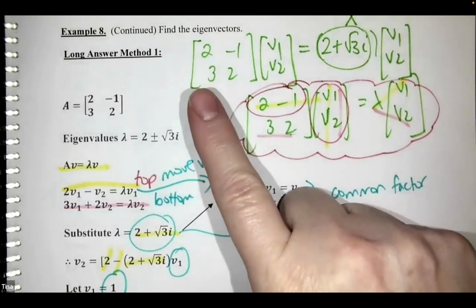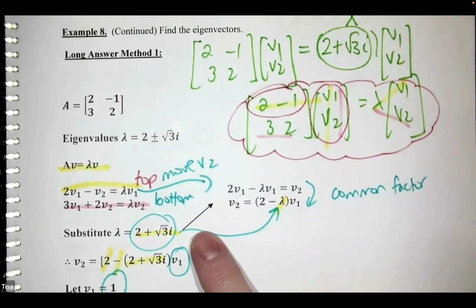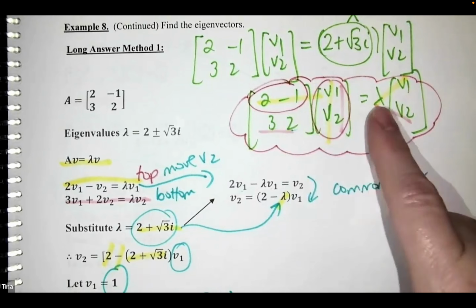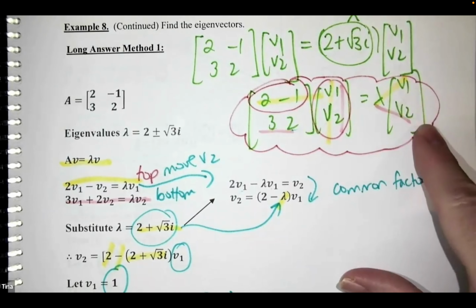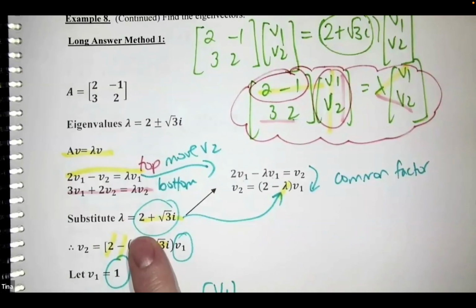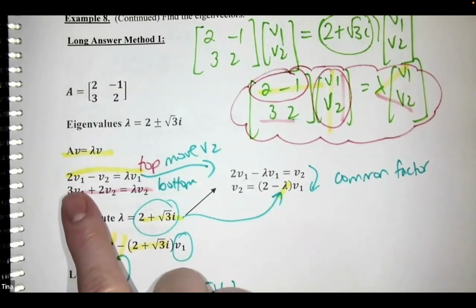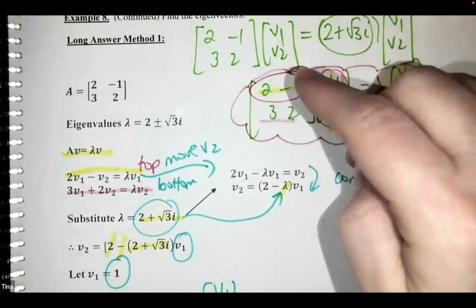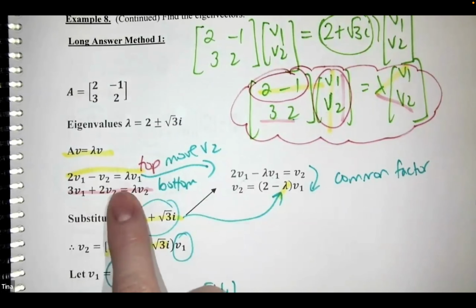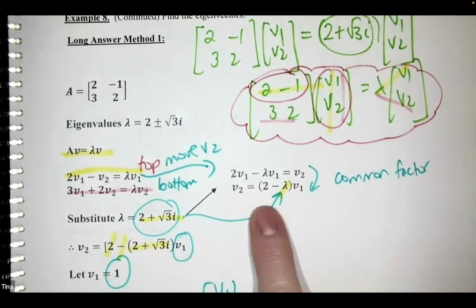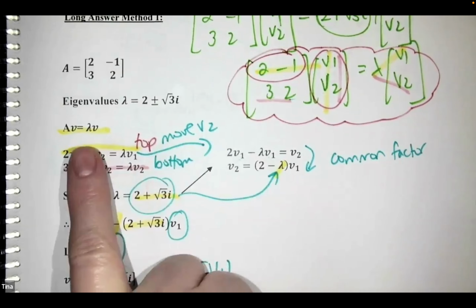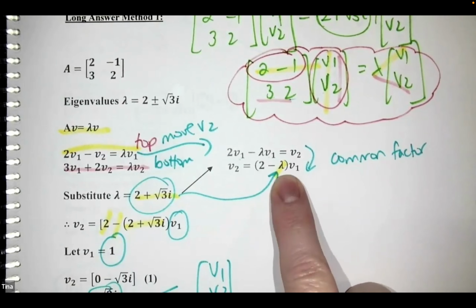If you want to do AV equals lambda V, if you want to do it the way they taught you in class, then you do A times [v1, v2] equals just the letter lambda times [v1, v2]. Make the equations, and then look at which one you can solve easier. So when we did 2v1 minus v2 equals lambda v1, in this one I solved for v2, and then I took a common factor out. And then once I got the equation for v2, I put the particular lambda that I had, 2 plus root 3i, in.